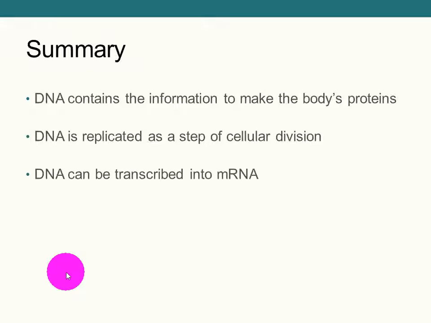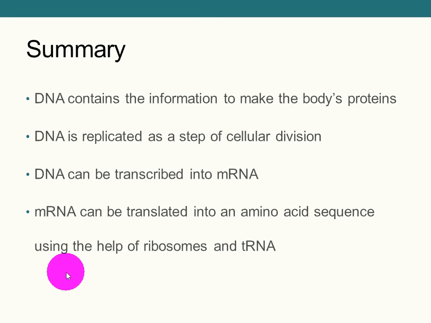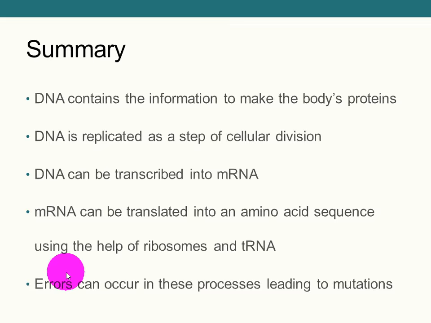DNA can be transcribed into mRNA, and then that mRNA can be translated into an amino acid, into a protein sequence for our body. And then lastly, this process can go wrong, and it could be due to all sorts of things, but these processes of replication, transcription, and translation can lead to changes in our genetic code.